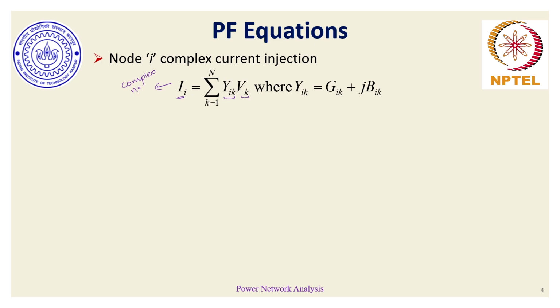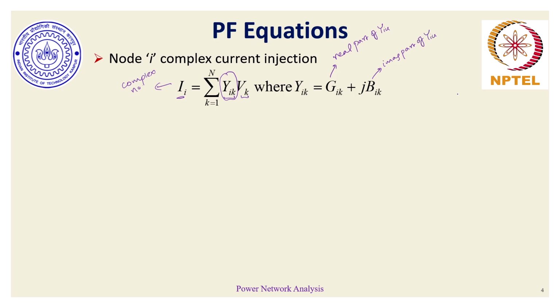Every such Y bus element, which is a complex matrix, has a real component G, the real part of Yik, and a corresponding B, the imaginary part of Yik.